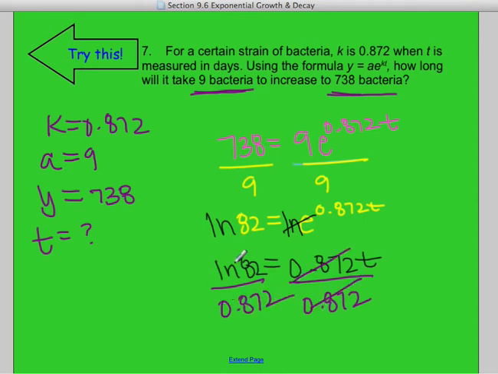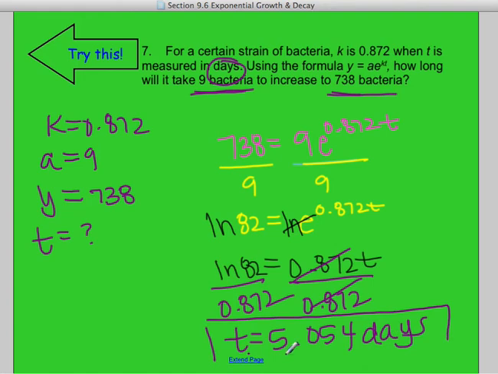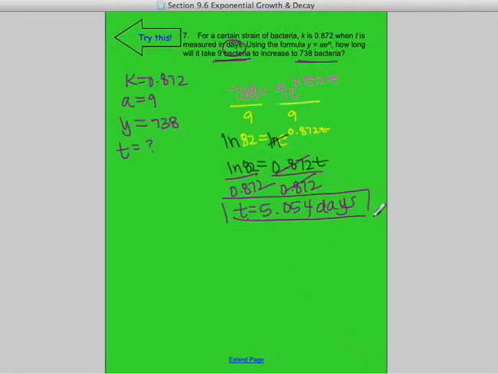So t is equal to natural log of 82 divided by 0.872. I would type that into my calculator, and I would get 5.054, and this is labeled in days. So t is 5.054. So it would take that many days to increase to 738 bacteria.